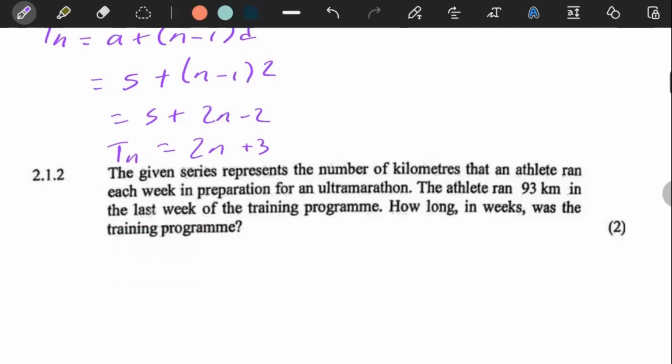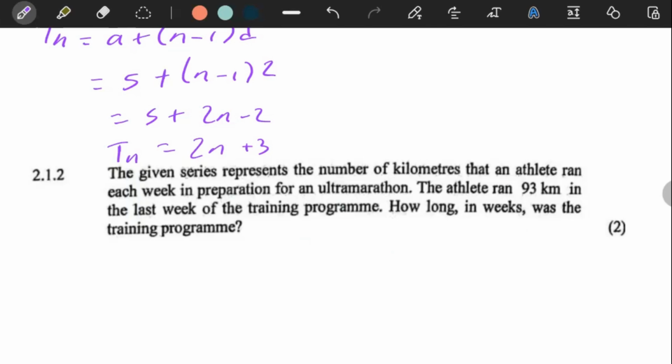Another 2 marks, it says the given series represents the number of kilometers that an athlete ran each week in preparation for an ultra marathon. That athlete ran 93 kilometers in the last week of the training program. How long in weeks was the training program?